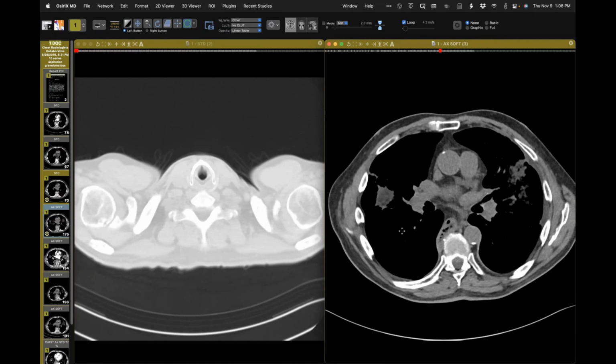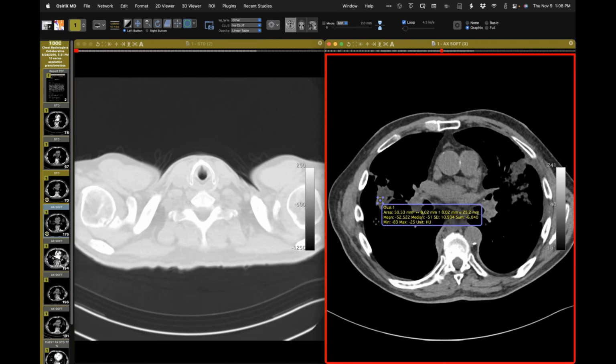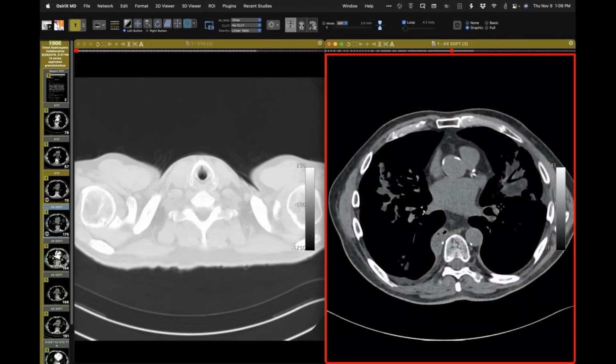Let me pick a spot, say, over here. So here we have minus 50. Let's pick another spot, particularly around here. Minus 58.